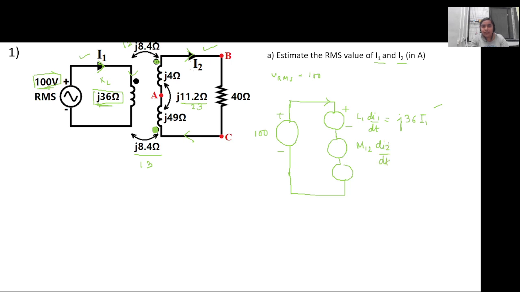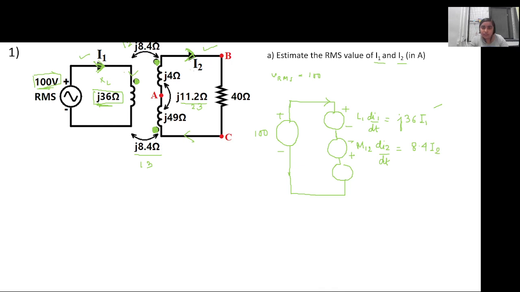Since we have seen previously the different sign conventions, these two are opposite: here the current is leaving through the dot and here the current is entering through the dot, so the sign convention will be reversed, right? Minus this side, plus this side. Is it fine? Yes, ma'am. So the mutual inductance is given as 8.4 into I2.